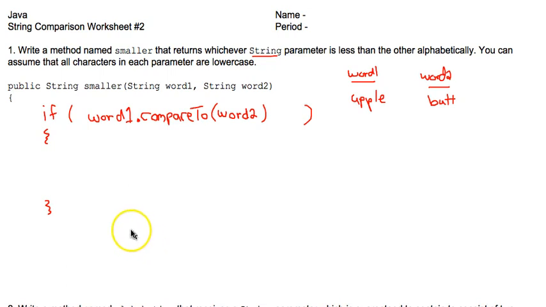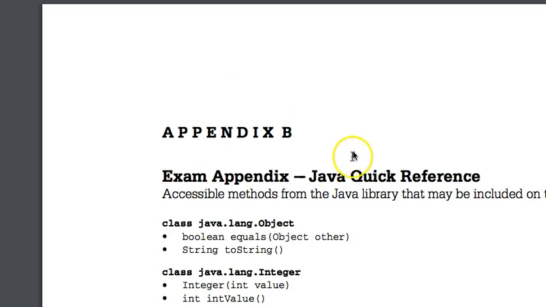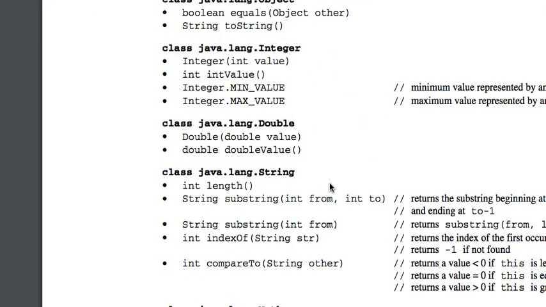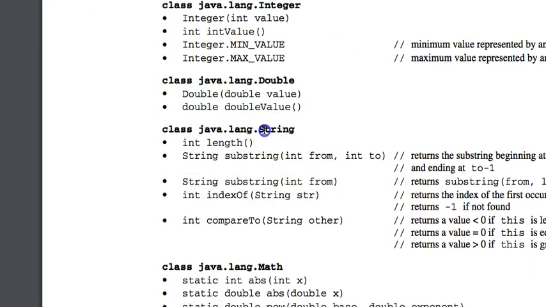So continuing from where I just paused my video, I know that I need to use the compareTo method, but maybe you don't remember quite how to use it. During the AP exam, you're allowed to use this quick reference manual, and specifically in the String class area, there is a mention of this compareTo method, and you see that it takes a parameter in the parentheses that must be the data type String, and it returns an int, which we'll talk about shortly.